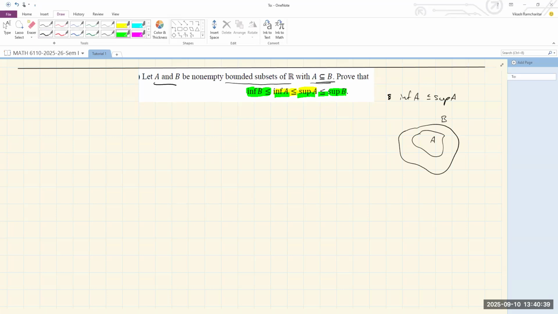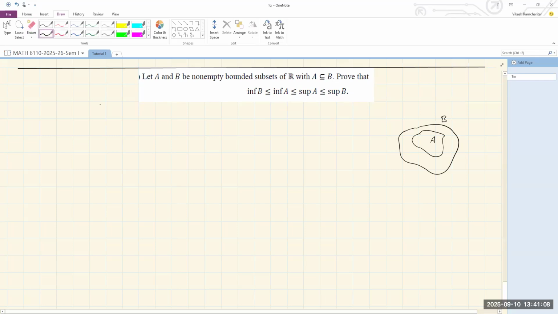In other words, when A is contained in B, the infimum and the supremum of A are bounded by the infimum of B and the supremum of B. So you get this nice inequality relationship between the infimum and the supremum of these sets. So let's try to prove this.